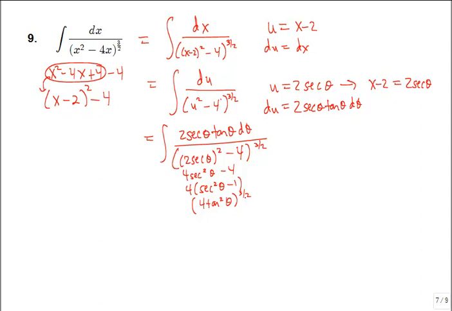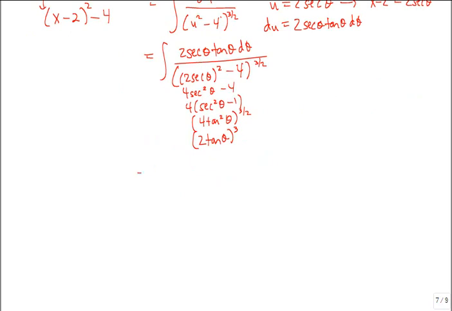The 2 on the bottom of that fractional power means square root. So the square root of 4 would be 2. The square root of tangent squared would just be tangent. But then we still need to cube that. So what we end up with here is 2 secant theta tangent theta d theta on top over 2 tangent theta cubed, or 8 tangent cubed theta.